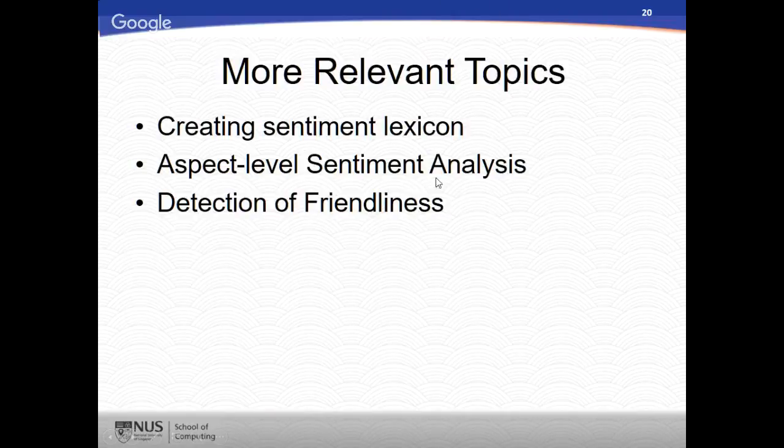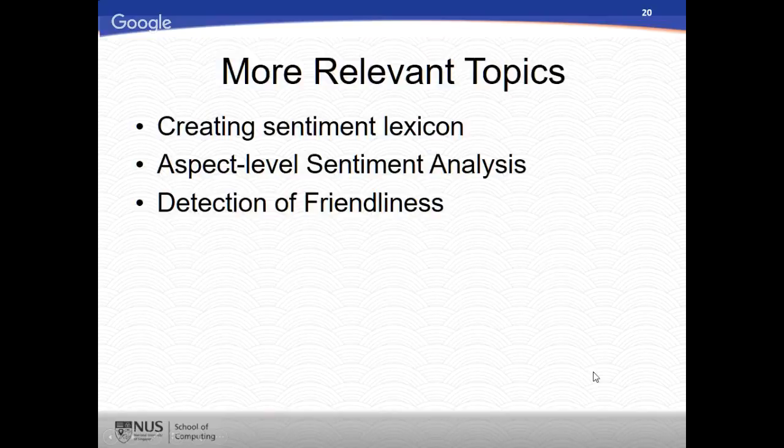The second one is aspect level sentiment analysis. In one sentence, there may be multiple sentiments towards different aspects. So if we just treat one sentence as a whole, the granularity is perhaps not enough, right? So a very hot research direction is aspect level sentiment analysis.